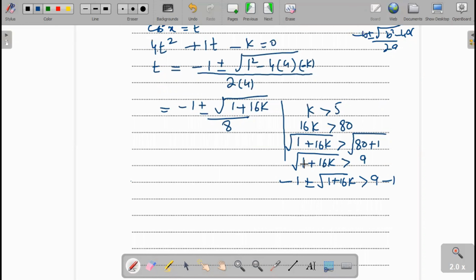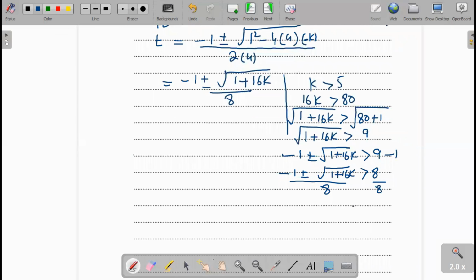We add minus 1 also here, so minus 1 plus square root of 1 plus 16k is greater than 8. Therefore, minus 1 plus square root of 1 plus 16k over 8 is greater than 1.